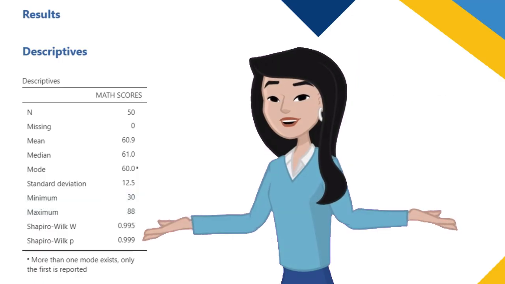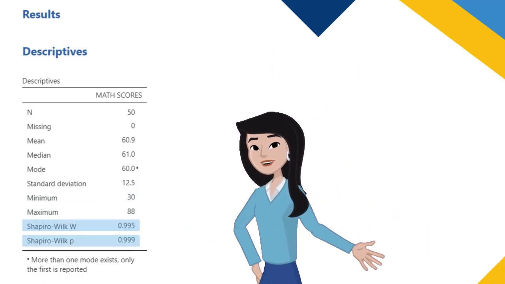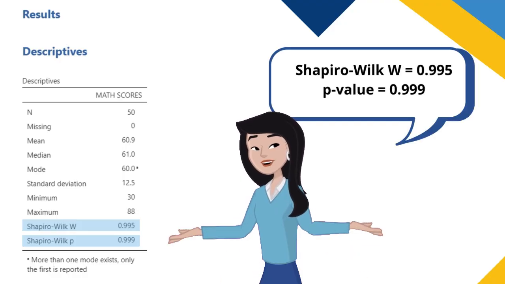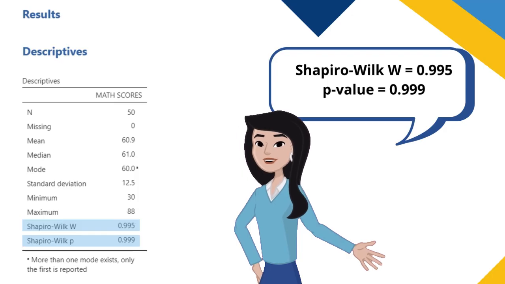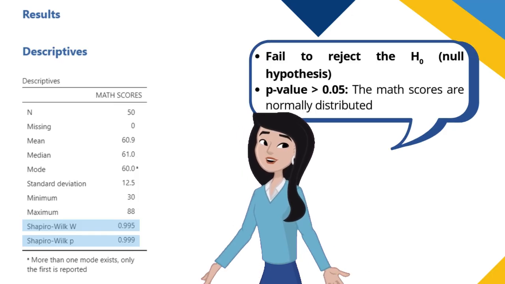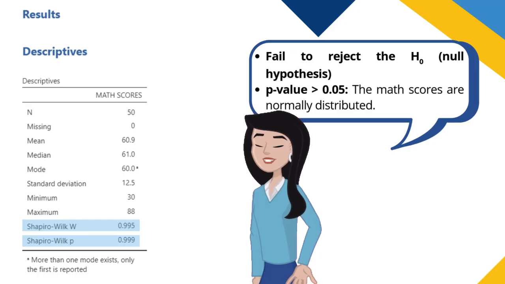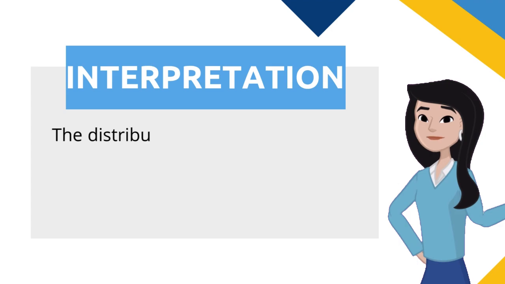Now, let's examine normality using the Shapiro-Wilk test. The test results show that since the Shapiro-Wilk W equals 0.995, with a p-value of 0.999, we fail to reject the null hypothesis because the p-value is greater than 0.05, which means the data does not significantly deviate from a normal distribution. According to the APA 7th edition format, we interpret this as follows.